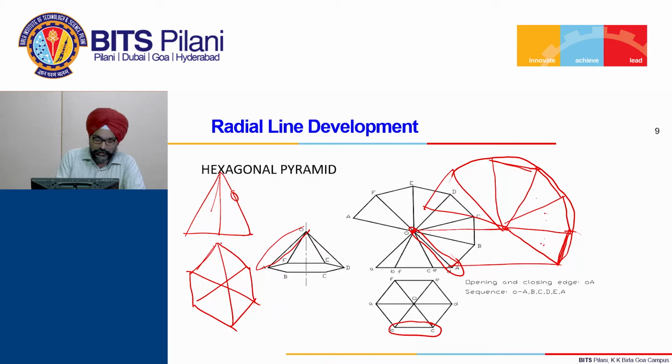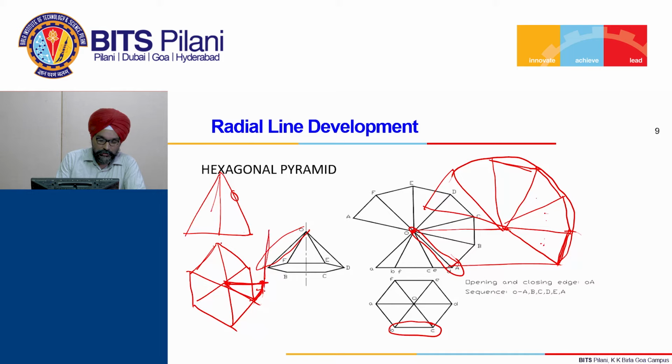The reason is that this length on the development you cannot use, because this is not the true length. What is the true length? For that you need to first convert this line, you make it horizontal. How do we do it? We draw an arc and we get this line first as a horizontal line.